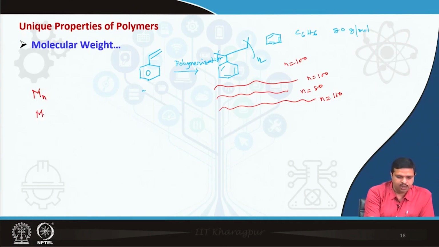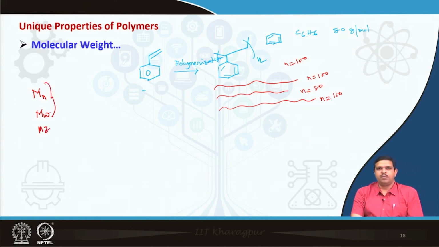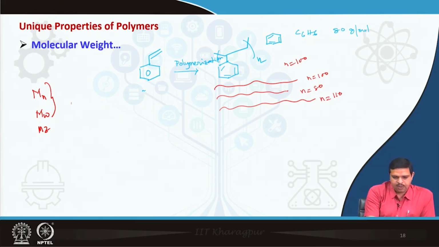So, what is Mn? Mn is summation Ni Mi by summation Ni. What is Ni?